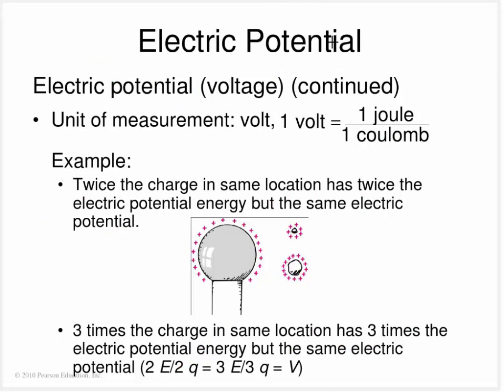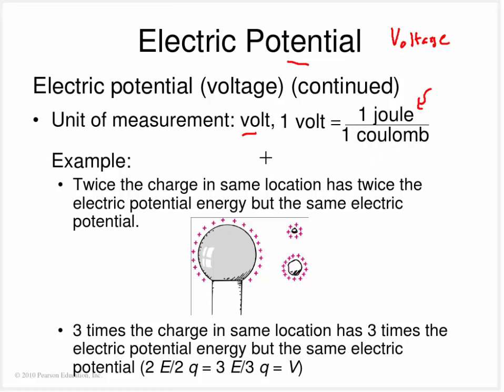Now, one of the last things I want to finish this chapter off with is a little bit more about potential. I've said that potential is going to be voltage, and I've slipped the word energy in as well a couple of times. It turns out that potential is related to energy, and it's pretty straightforward. Potential is measured in a volt, and a volt is related to the unit of energy, which is a joule, and charge.